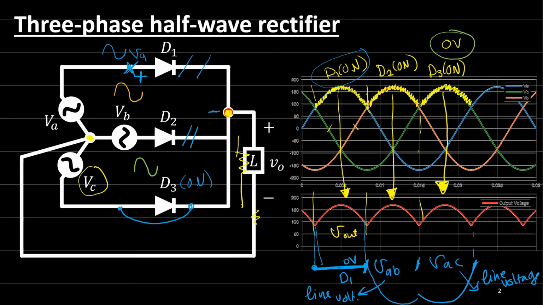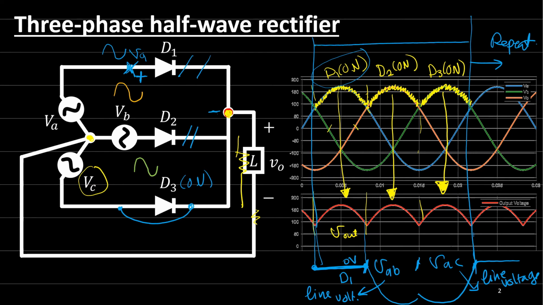And so on. Now this is the full period completed, then after that everything will be repeated. So the period from here to here, the full period from here to here, T. Now the full period for this output looks like this.